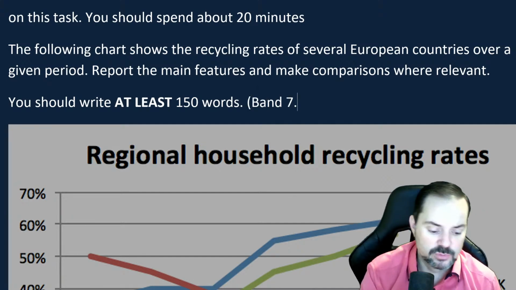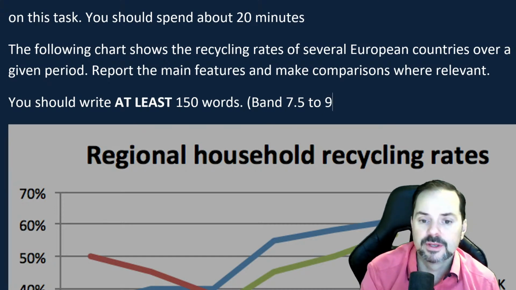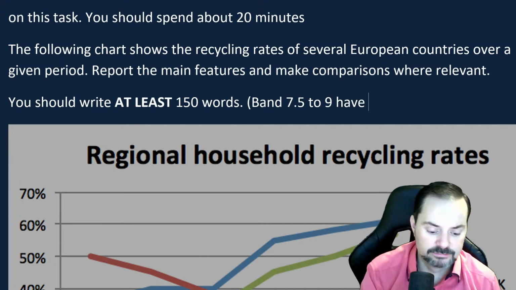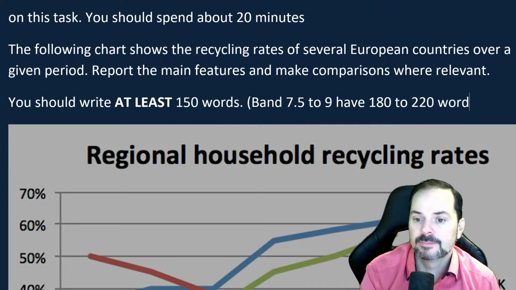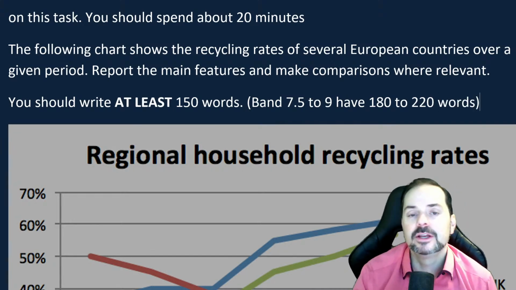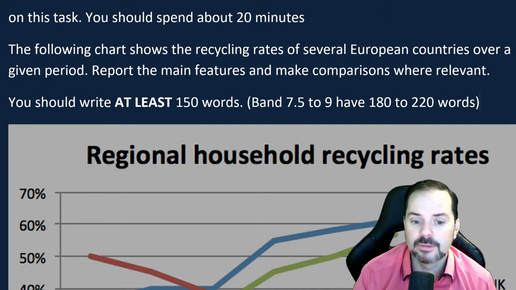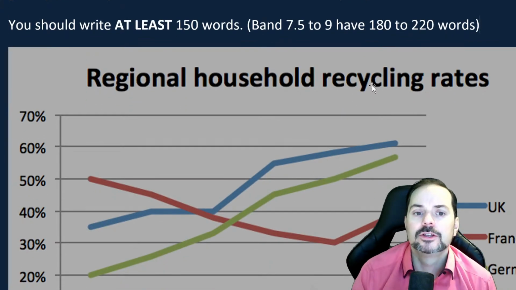Band 7.5 to 9 especially have 180 to 220 words even, okay? So keep that in mind. All right, at least means a minimum of 150 words, but high band essays usually have more than the minimum, okay? So then you look at the line graph in your second step.